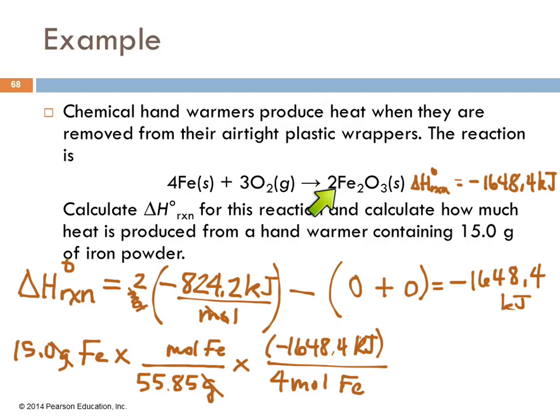Delta H pertains to this equation with molar amounts for the coefficients. So because this is 4 moles of iron, I've got this much energy for every 4 moles of iron. And so this ends up being minus 442.72 kilojoules. 15 grams has 3 sig figs, so we should round this to minus 443 kilojoules.